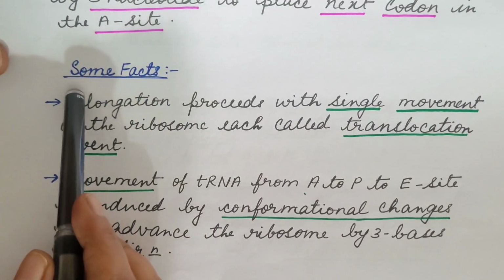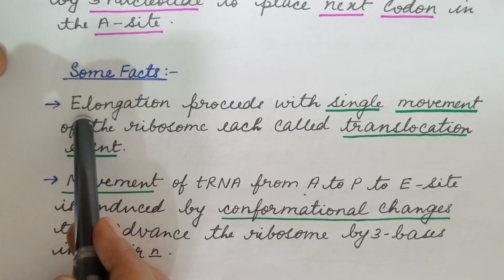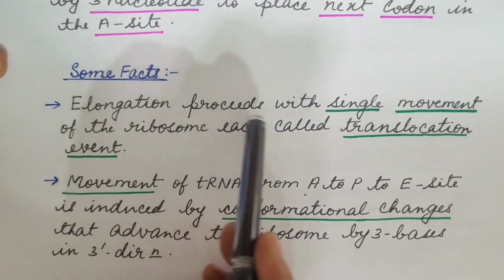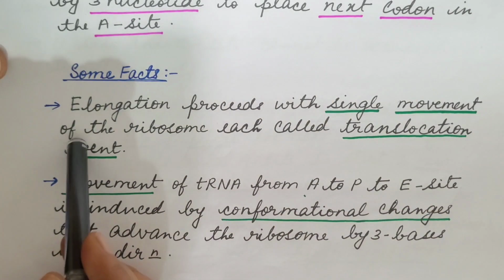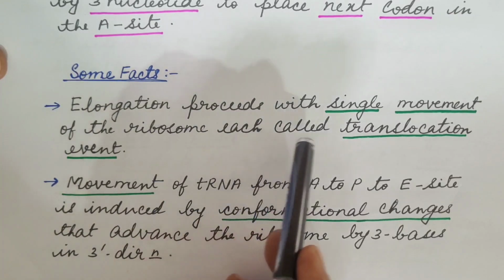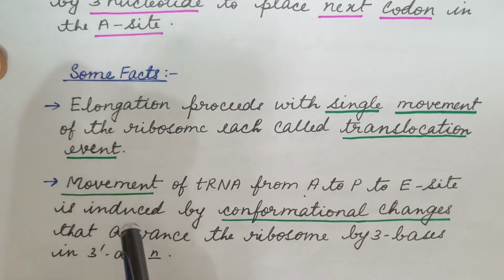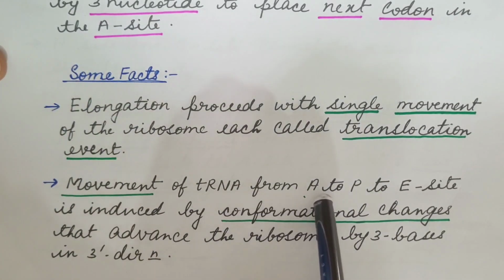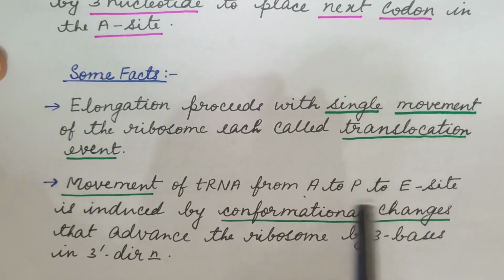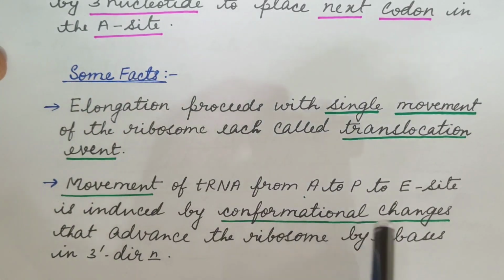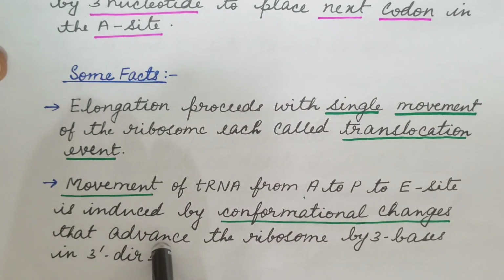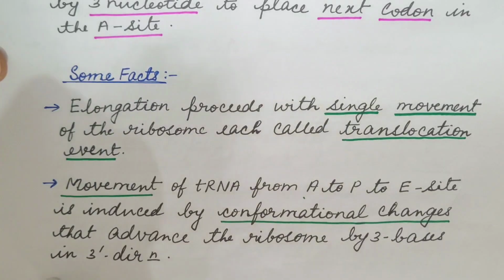Now let us see some of the facts related to elongation. Elongation proceeds with single movements of the ribosome, each called a translocation event. Movement of transfer RNA from A to P to E site is induced by conformational changes that advance the ribosome by 3 bases in the 3' direction.